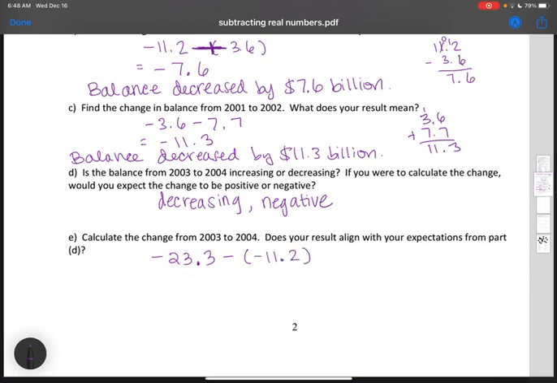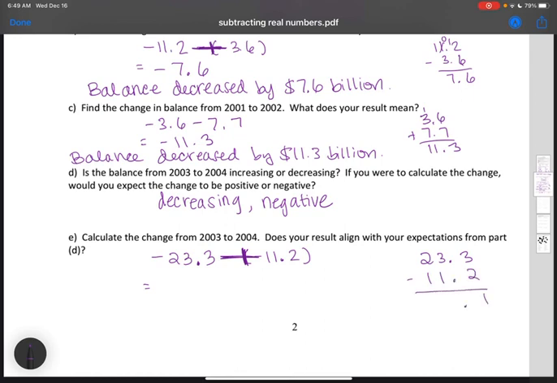Okay. So now we have that minus and negative. Let's change it to a giant plus. So we have a negative 23.3 plus 11.2. So that change, let's go and find that. Off to the side, I'm going to do 23.3 minus 11.2.